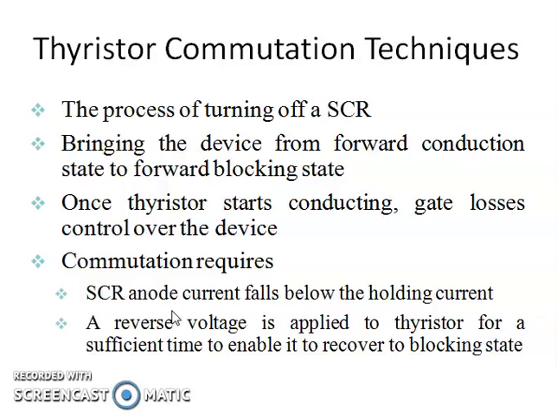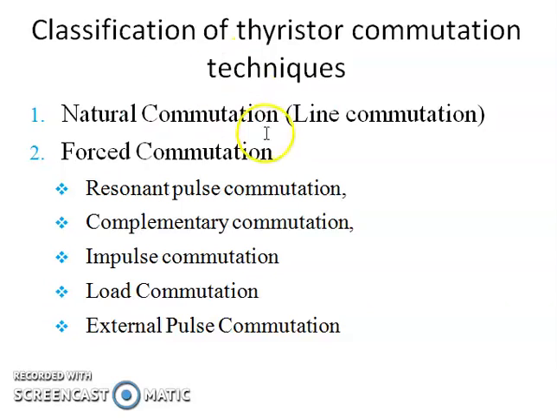Second, a reverse voltage is applied to the thyristor for a sufficient time to enable it to recover to the blocking state. These are the two requirements for commutation. There are several commutation techniques. These different commutation techniques are natural commutation or line commutation, and forced commutation.